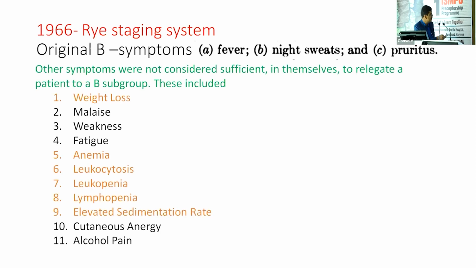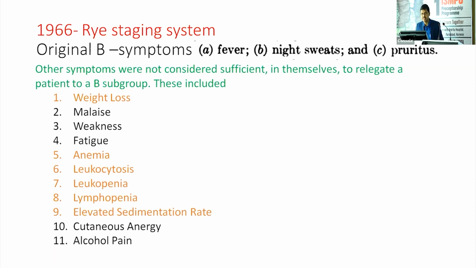Now, if you see the highlighted section, all of these are various prognostic scores. We have IPS, which is the Hasenclever index. And you can see the weight loss. Weight loss is a part of B symptoms. Anemia, leukocytosis, lymphopenia, all are part of the IPS.